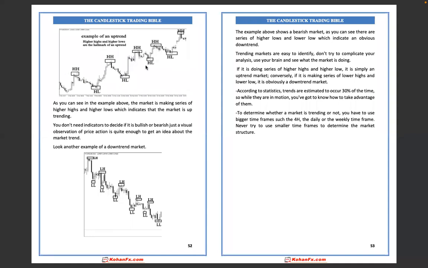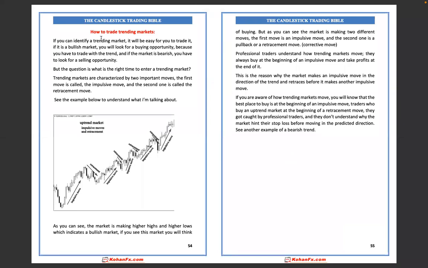If you start seeing a series of higher highs and higher lows, you know that you are in an uptrend. If you start seeing a series of lower lows, you know that you are in a downtrend. So how do we trade trending markets?